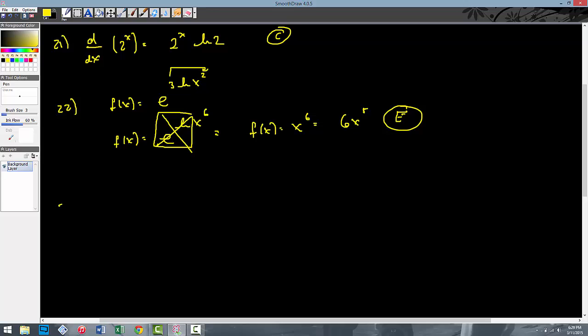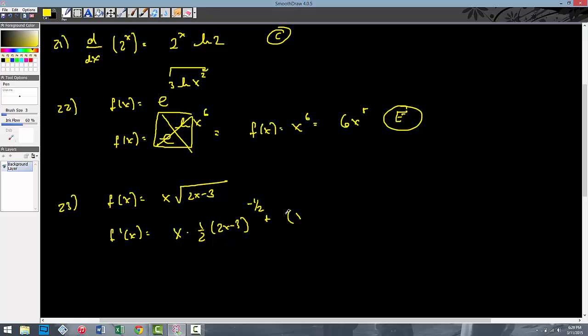Cool. 23. F of x equals x rad 2x minus 3. Product rule. There is no way to avoid this one. So in this case, f prime is going to be first unchanged times derivative of the second plus the second unchanged times the derivative of the first.